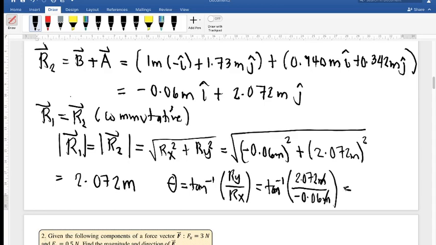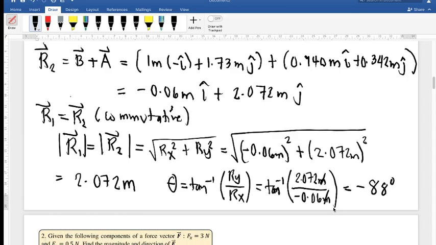So we have 2.072 divided by negative 0.06. So the inverse tangent of the answer is negative 88. So we have negative 88 degrees.